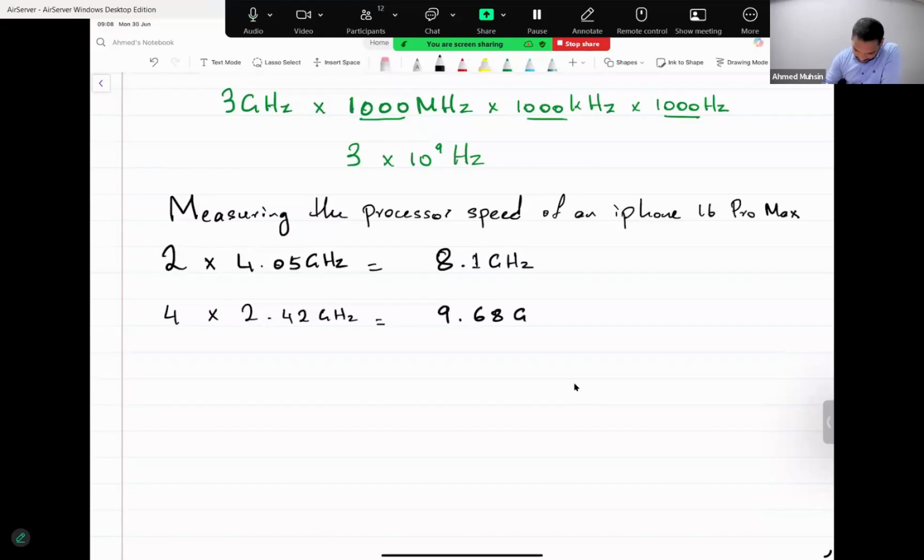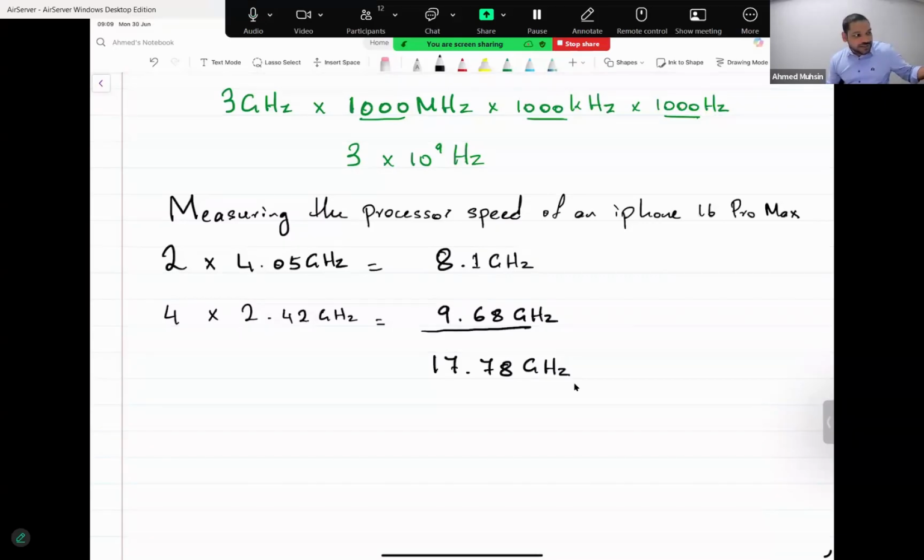Now can we add the 2 up? How much did you get? 17.78 gigahertz. Now, guys, can we convert this into hertz so we can see the actual speed of the iPhone 16 Pro Max processor?